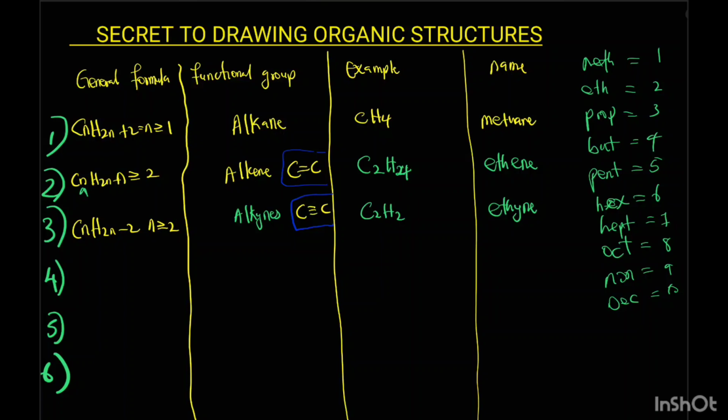Okay, the next family we are going to be discussing is alcohols or alkanols. Their functional group is OH, and their general formula is CnH2n+1OH, where n is greater than or equal to 1.